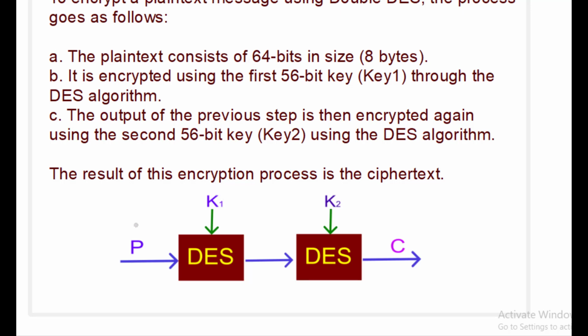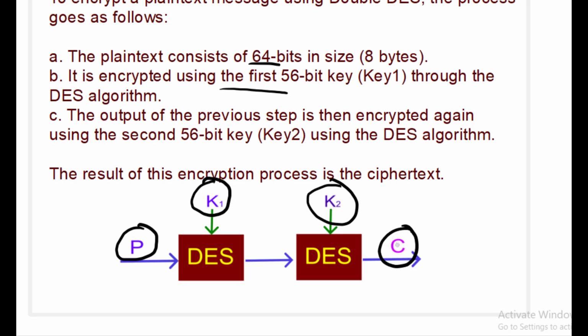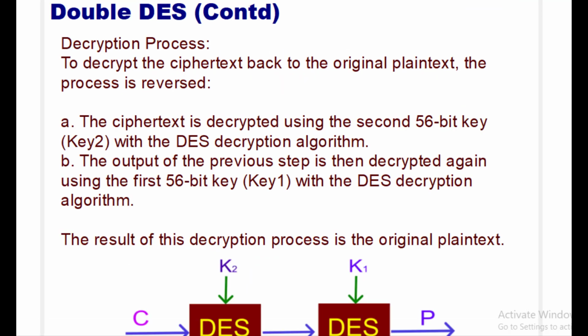This plain text is provided to the first DES block, and it is encrypted using the first key, which is of 56 bits. Then the output of this is again encrypted using the second 56-bit key. So here 2 keys are used, K1 and K2, and this is the final result, the cipher text.